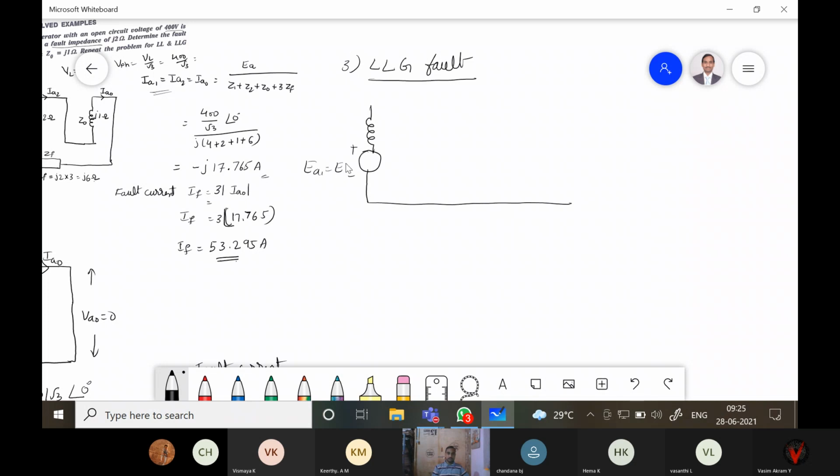EA1 is equal to EA, and this is Z1, and this is a parallel circuit completely, because VA1 is equal to VA2 is equal to VA0 here.